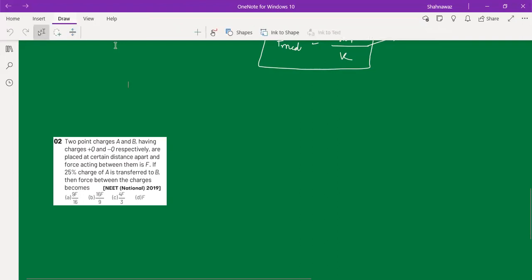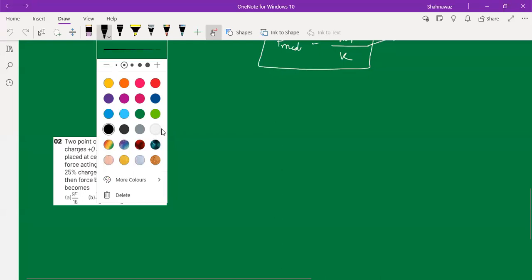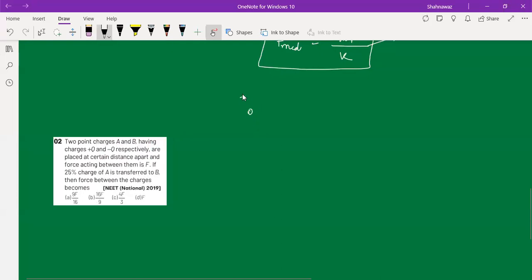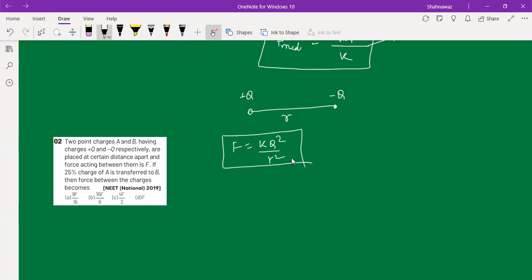Two point charges A and B having charges plus Q and minus Q are placed at a certain distance apart, separated by some separation R. The force is KQ square by R square. This is the force between them.